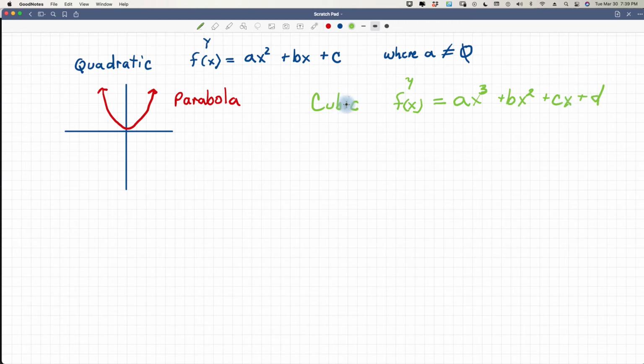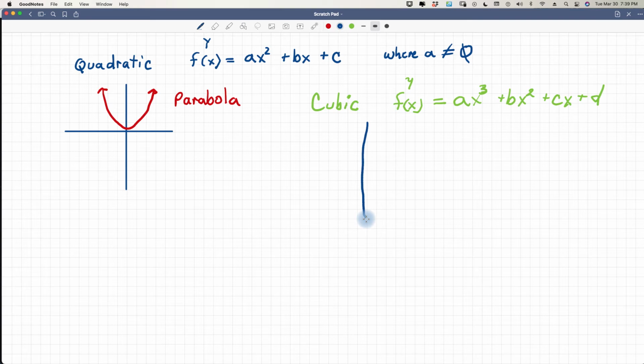So this is your cubic. And obviously it's cubic because you have an x value to the cube exponent. So x to the cube gives you the cubic function. And on a graph, it is going to look like this.